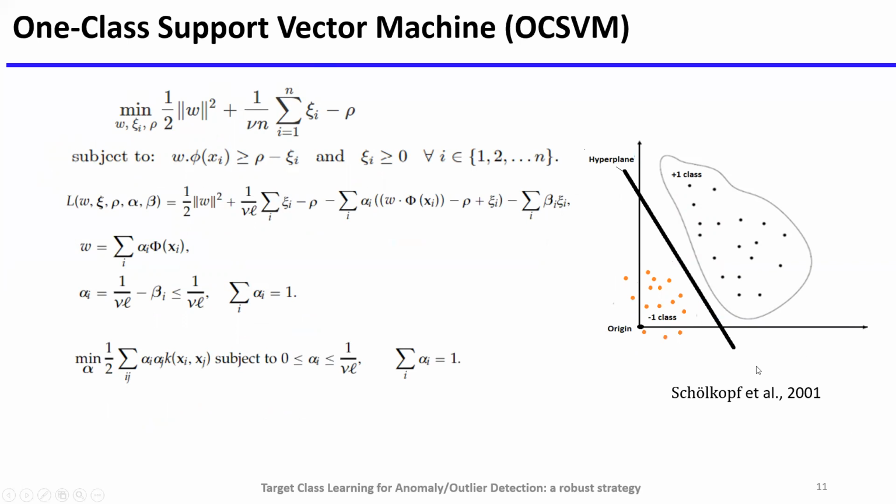The objective was to draw one hyperplane such that the plus one class is the target class, and the rest of the samples, either not present or poorly sampled, will reside on the subspace of the origin. So the points closer to the origin are directly treated as outliers.